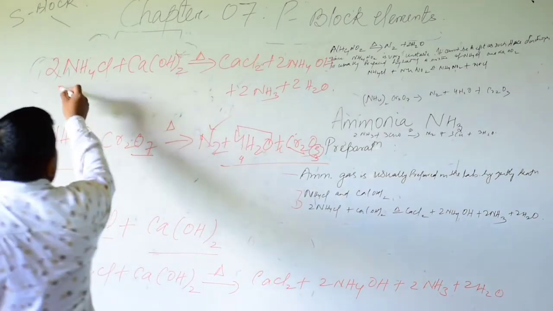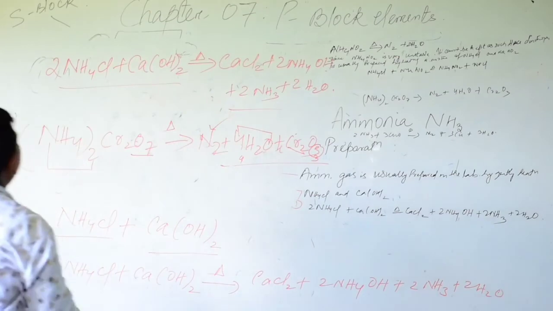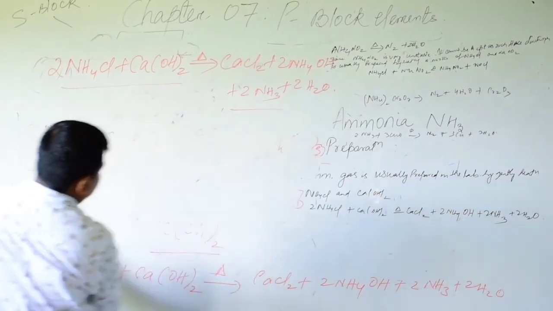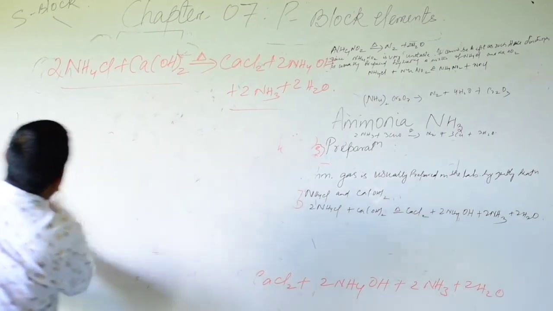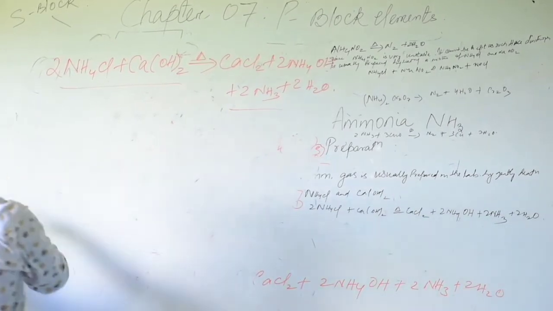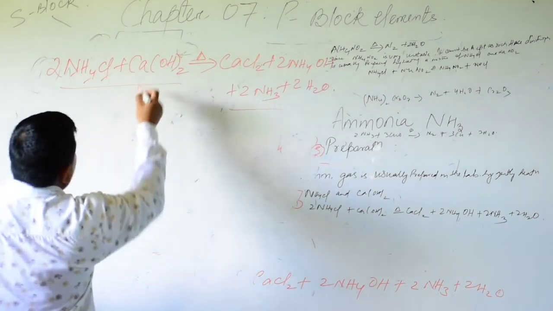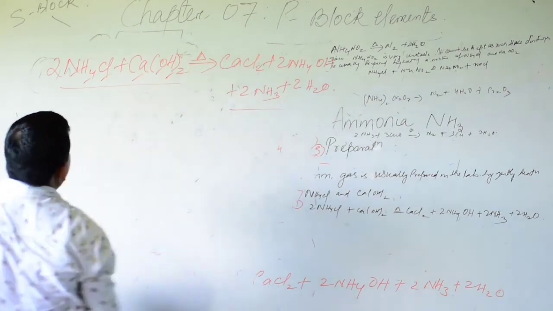Now I'm going to prove how it's balanced. So let's start with what elements are there. Nitrogen is there, hydrogen is there, chlorine is there, calcium is there, oxygen is there, hydrogen is there.